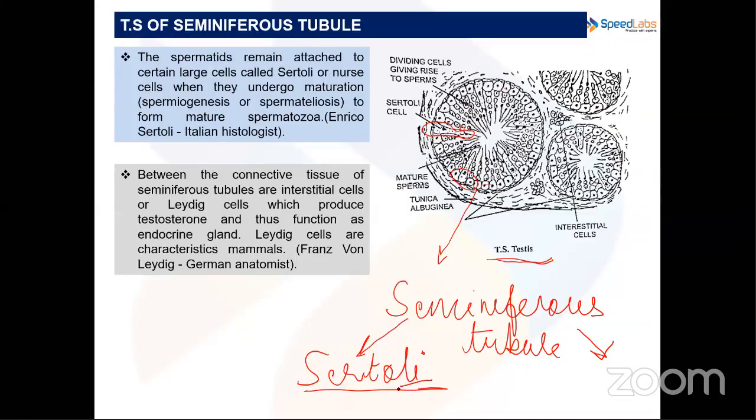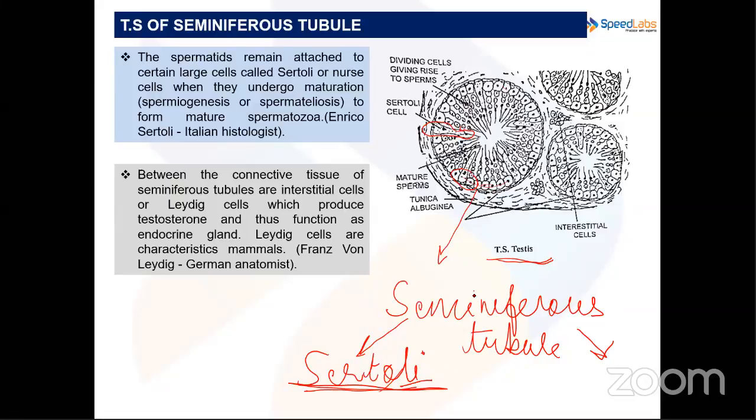This also serves as a barrier, because the germ cells do not come in direct contact with the blood. Otherwise, there will be an immune reaction. So Sertoli cells are like nurse cells. They provide all the support, all the nourishment, and they also take away waste products from the spermatogonium into the blood. So they also form a blood testis barrier.